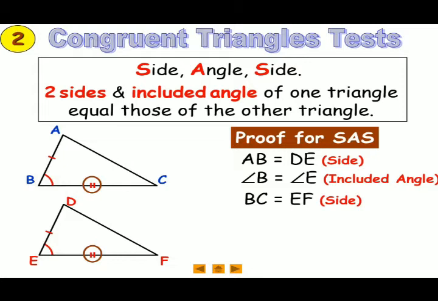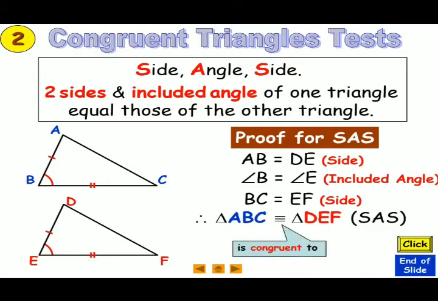So here what we have got is the first side, after that the included angle, and one more side. That means if we have proved that two sides and one included angle are equal, then both the triangles are congruent. So last we will write down, therefore triangle ABC is congruent to triangle DEF, by the SAS rule.